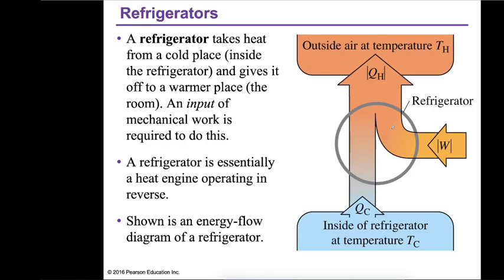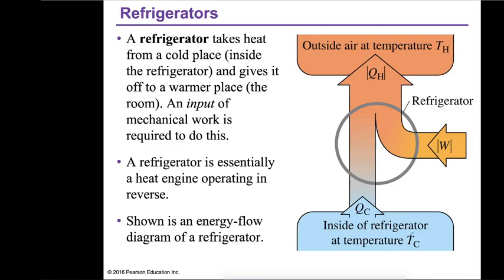Now let's see another concept, which is the refrigerator. A refrigerator works in the opposite way from an engine. A refrigerator takes heat from a cold place and gives it to a warmer place, and an input of mechanical work is required to do this.